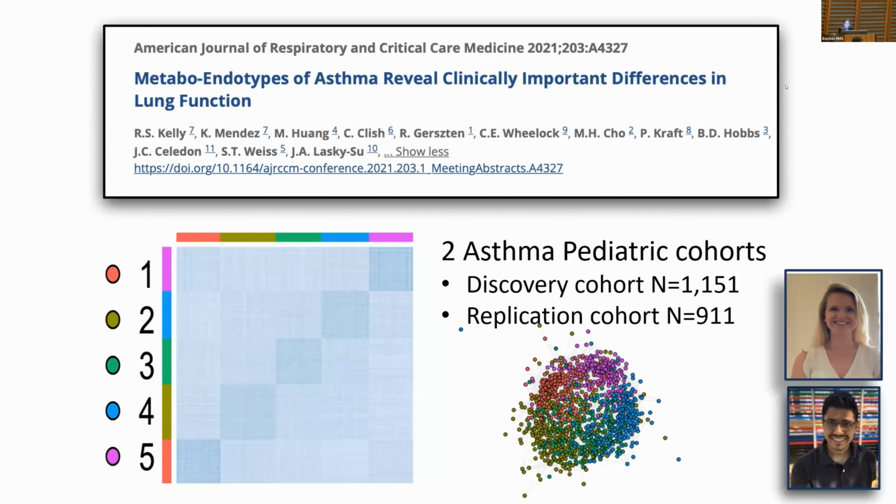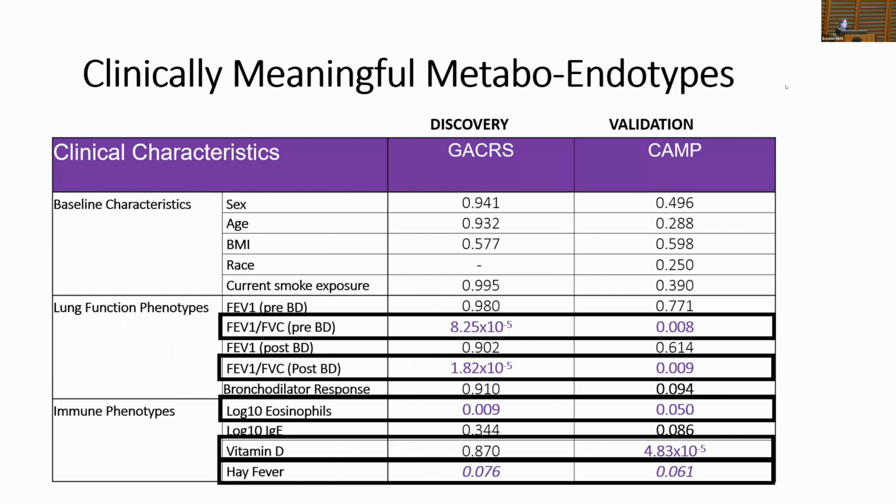And importantly, multiple cohorts recapitulated those same endotypes in a second cohort, both of about 1,000 people.